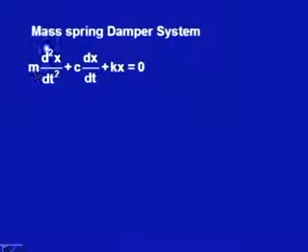So, we will have m d2x dt square plus c dx by dt plus kx is equal to 0. This second order differential equation represents the mass spring damper system.